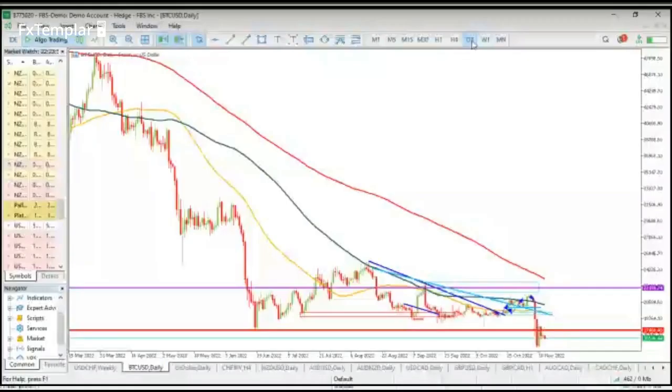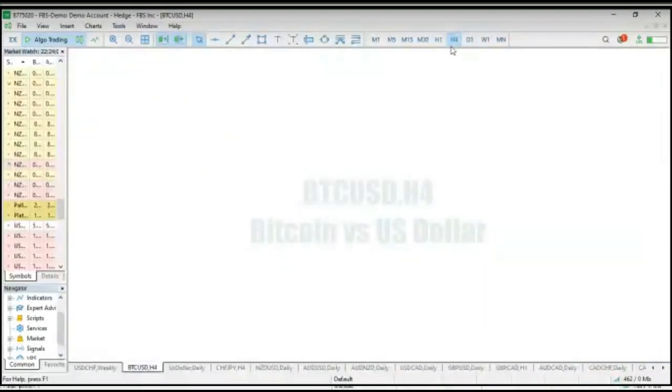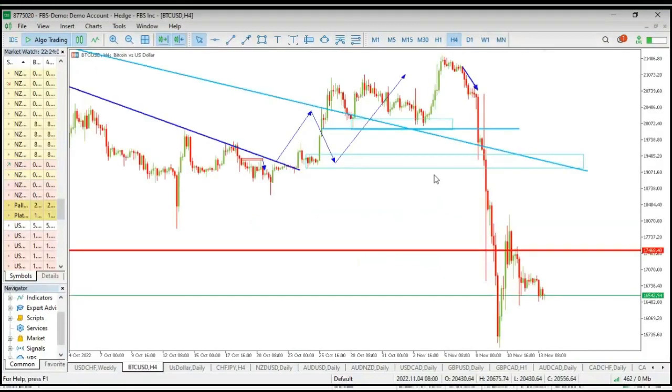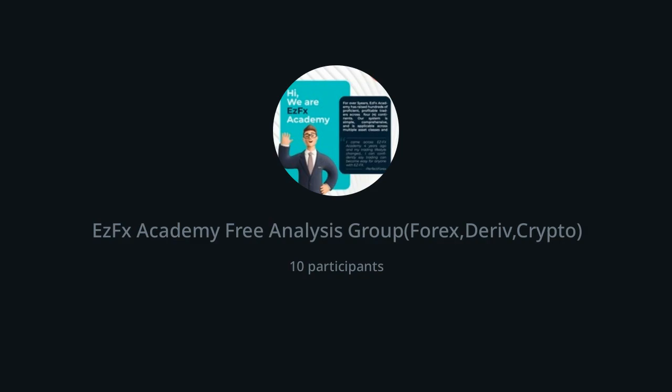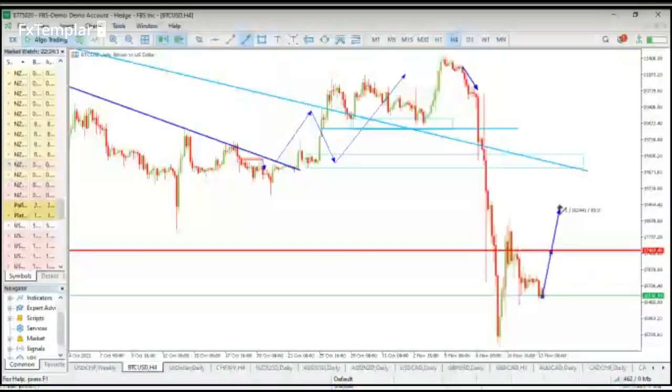However, since we're saying the dollar should get weaker, we might see Bitcoin increase a little bit until it gets into a much stronger zone, which means we could see BTC USD make a move like this, something along this line, and then drop even lower.